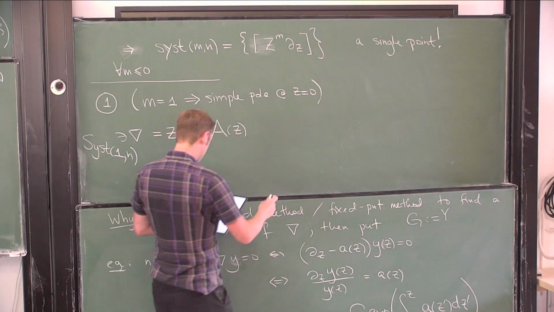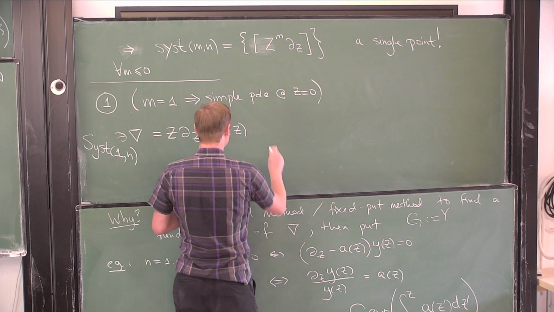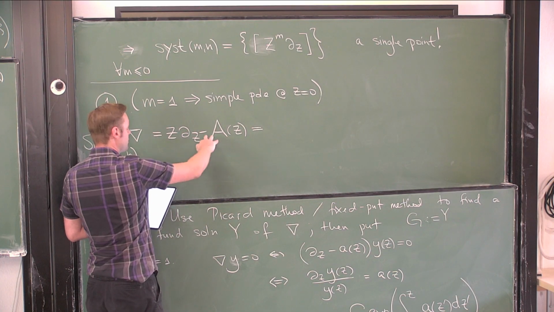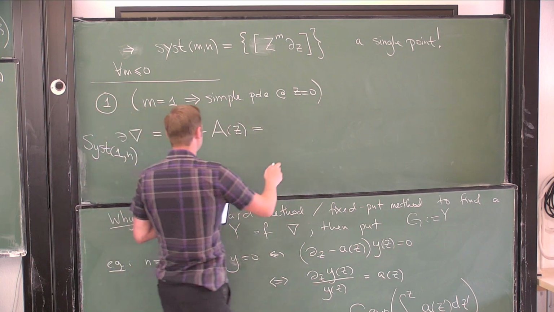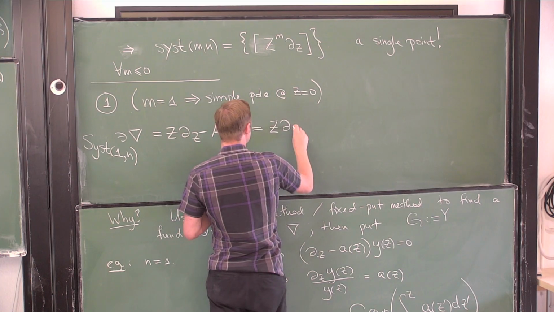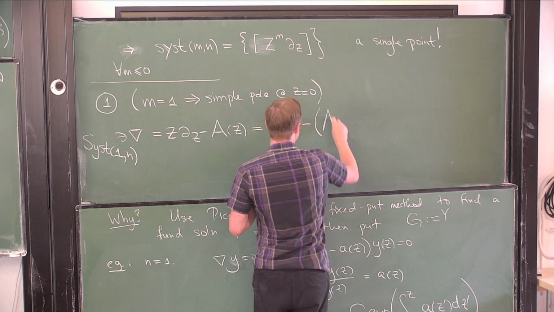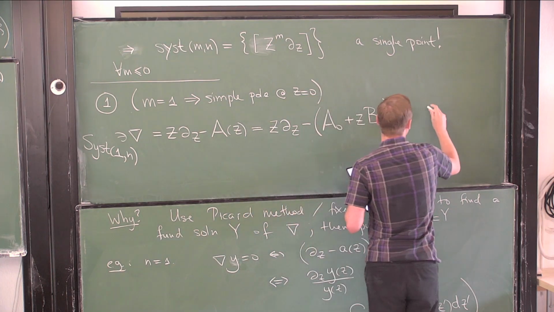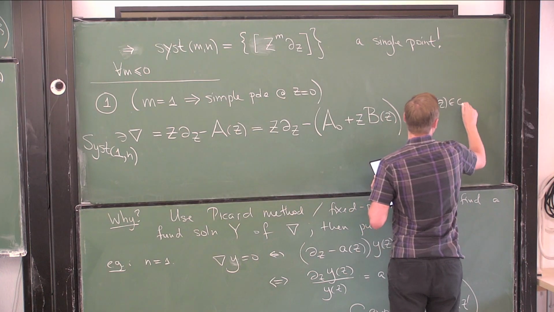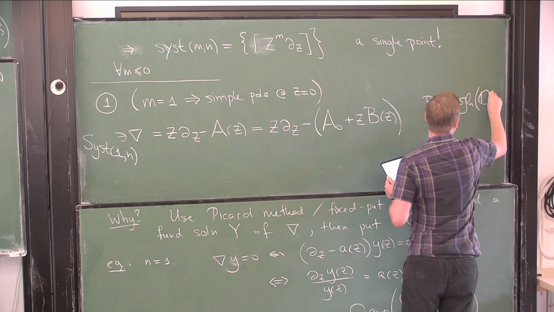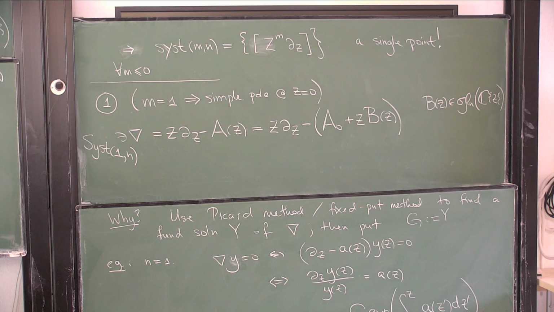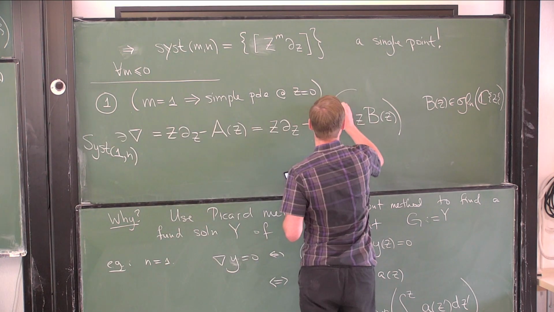What is convenient is to extract the constant coefficient of this power series and leave the rest out. So it's very convenient to write it like this: z del z minus a naught plus z b of z. Here b of z is just some other matrix of convergent power series, and a naught is just a constant matrix.